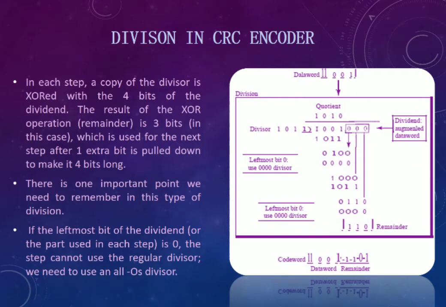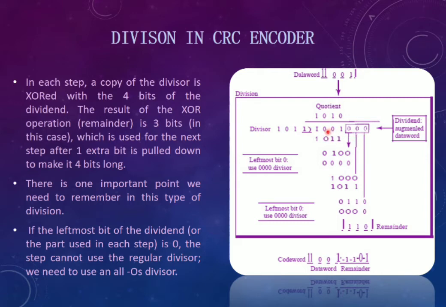Division in the CRC encoder. In each step, a copy of the divisor is XORed with the 4 bits of the dividend.